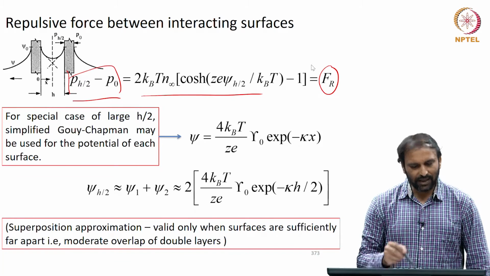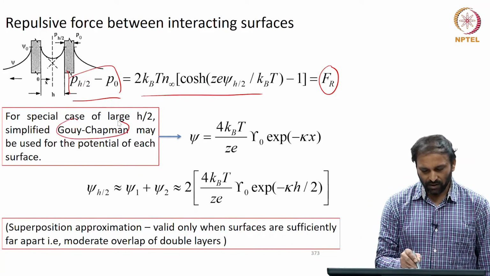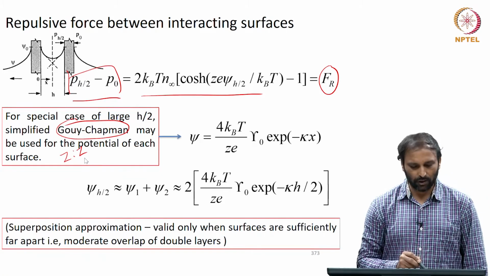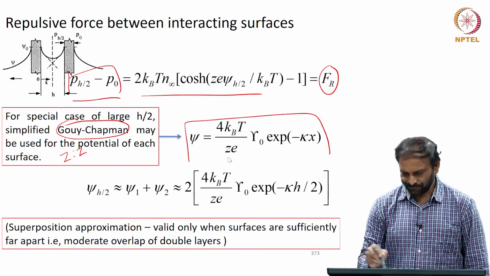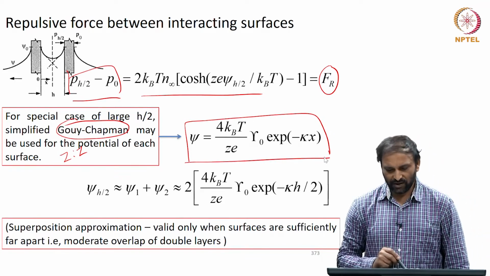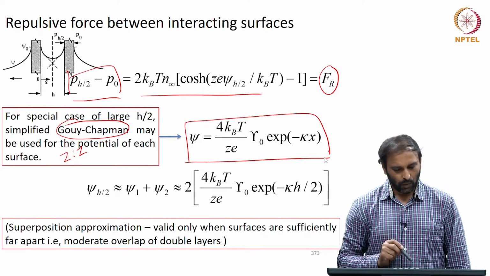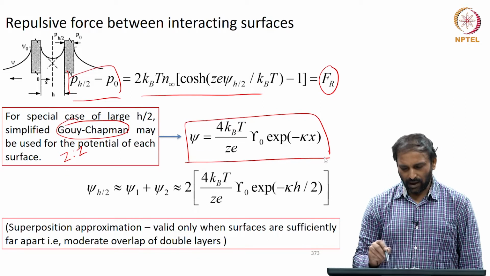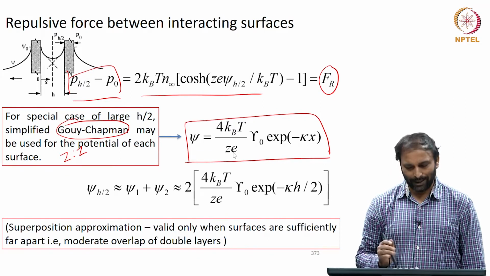Now, we did think about some special case of the Gouy-Chapman expression, which is applicable for Z is to Z type of electrolyte for any surface potential. Now, if you look at this expression, we derived this for a case where the potential has fallen to a low value.